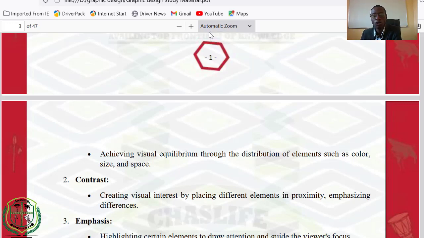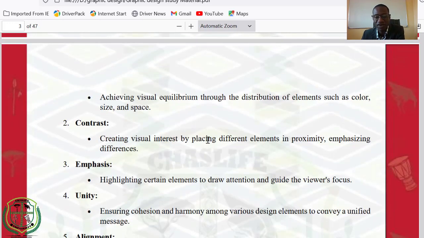So the next component is emphasis. All right, so you use different illustrations like highlighting, bold words, underlining, and whatnot. Highlighting certain elements draws attention and guides the viewer's focus.